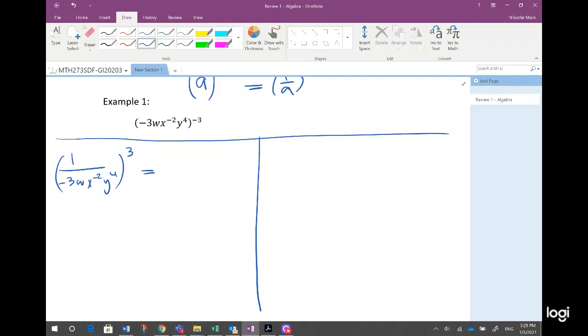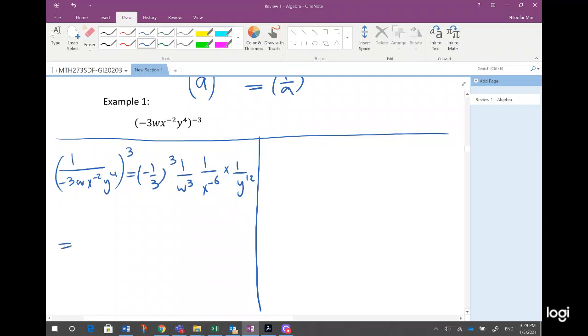Oh, okay, so minus 1 over 3, oops, minus 1 over 3 power 3, okay, 1 over w power 3, okay, so 1 over x power minus 6, because minus 2 power 3, multiplied by 1 over y power 12, okay, because it's 3 multiplied by 4.